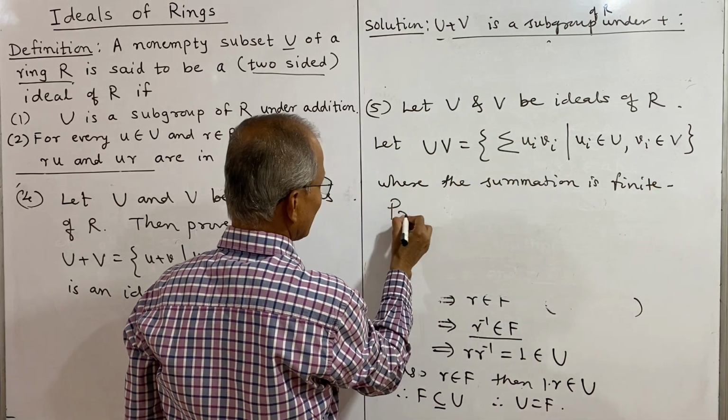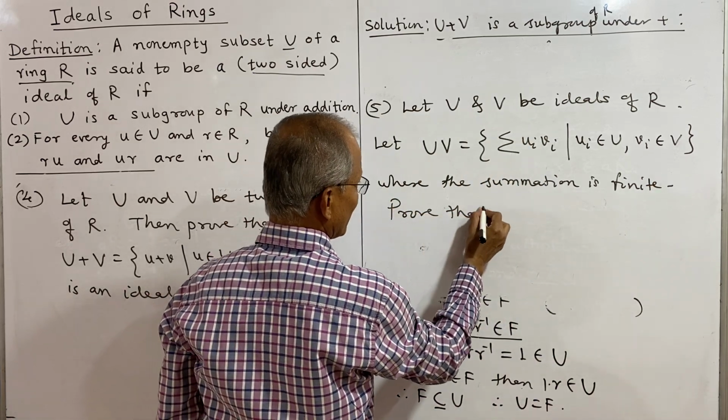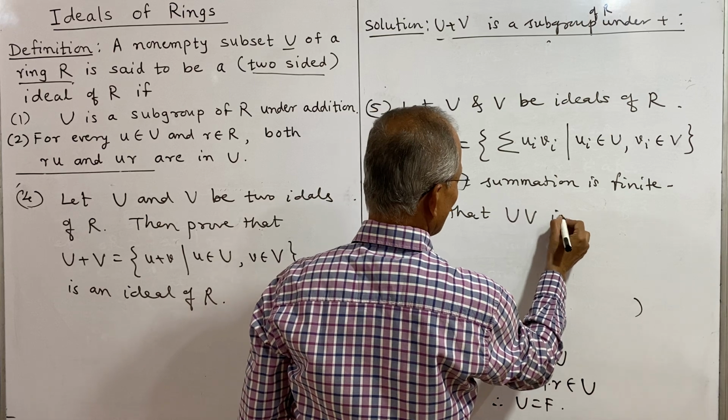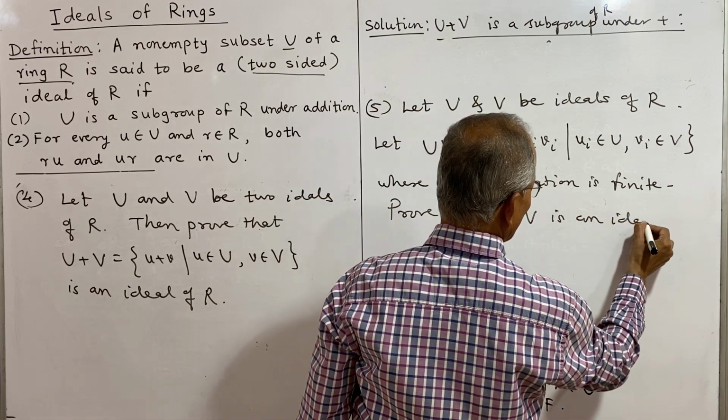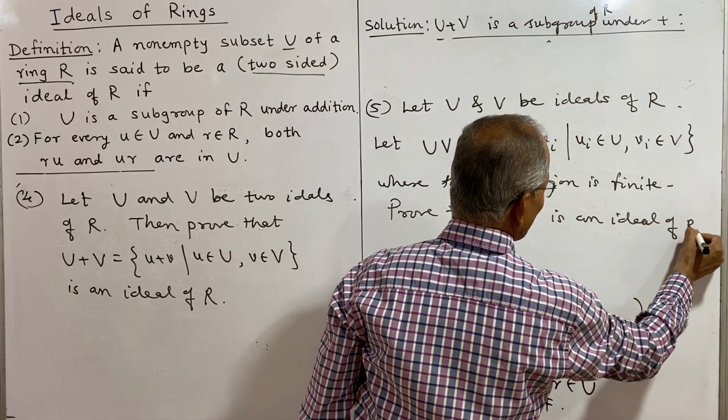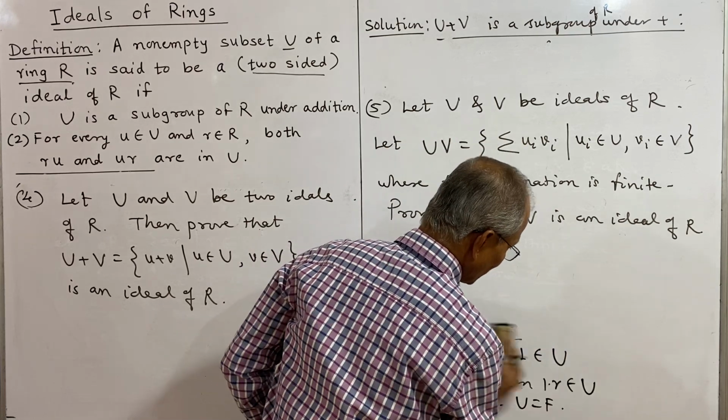Prove that UV is an ideal of R. Likewise, we have to prove two conditions.